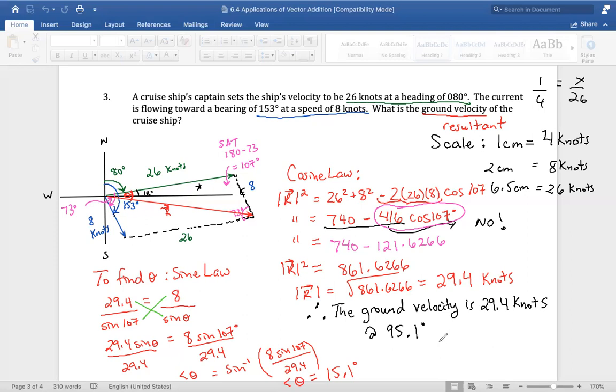And if it is in true bearing, then I need to put the 0 in front because I need 3 digits there, right? The ground velocity is 29.4 knots at 095.1 degrees.